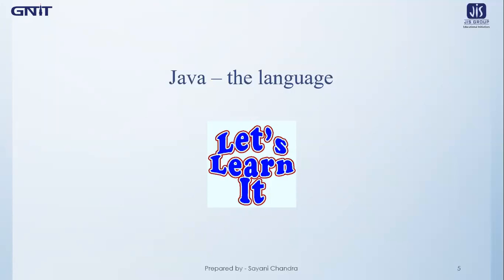So from now on, we will be learning the language Java, and we will see how Java can be considered as one of the most efficient object-oriented programming languages, and how Java can implement all the features and all the properties or characteristics of object-oriented programming. So before going into the detail, let's first learn what is the Java language.